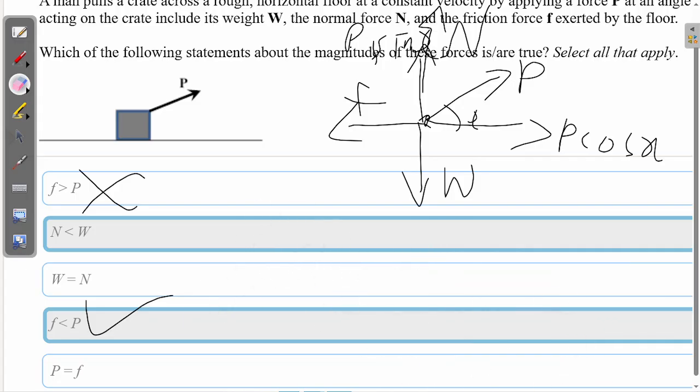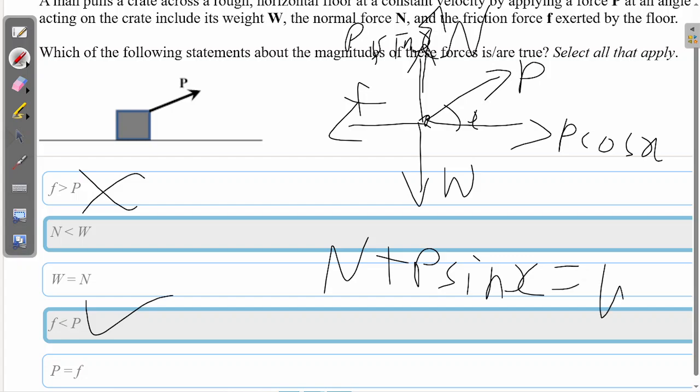Now the normal and the weight. We know that normal plus P sine x is equal to the weight. What does this mean? The whole weight is equal to the normal plus something else, right?